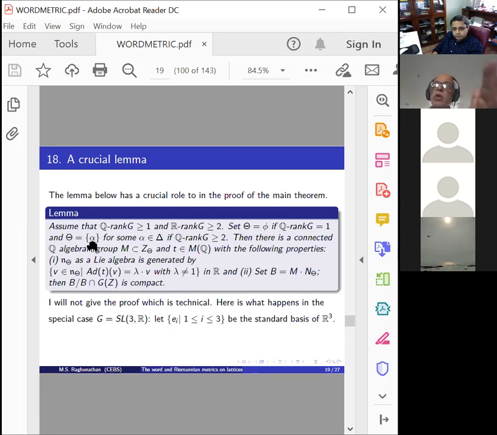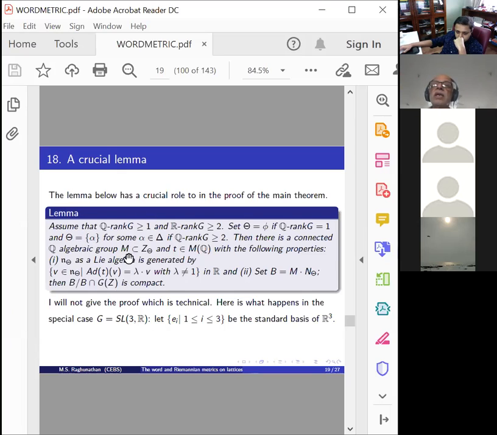The unipotent radical of the parabolic subgroup will have for its Lie algebra the sum of all eigenspaces which involve alpha with some non-zero coefficient. So for those roots which have alpha with a non-zero coefficient, you sum up the corresponding eigenspaces, and that will be the unipotent radical of the parabolic group.